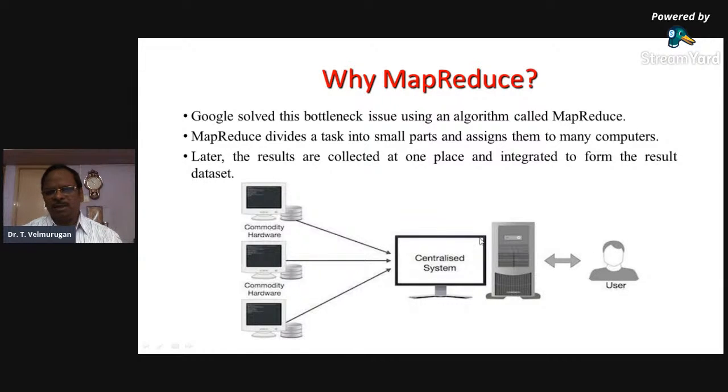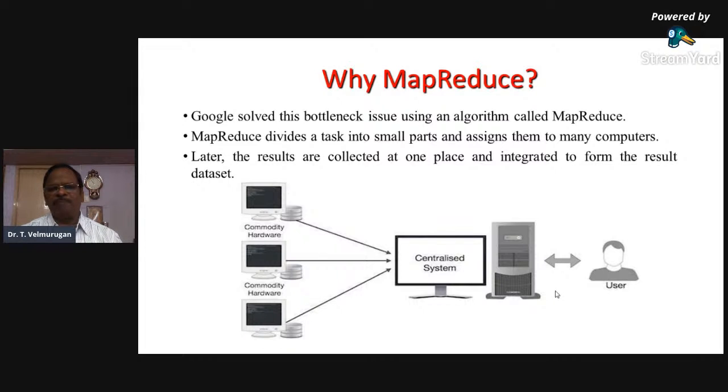The user requests the standalone server, the centralized system, in order to capture some information from different software, different hardware, different computers, different servers. Utilizing this different kind of information is actually carried out by using the MapReduce method.